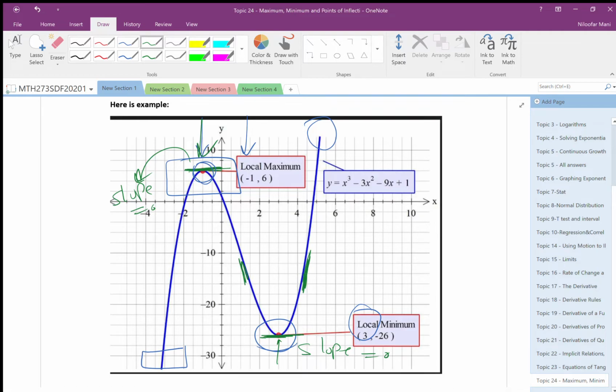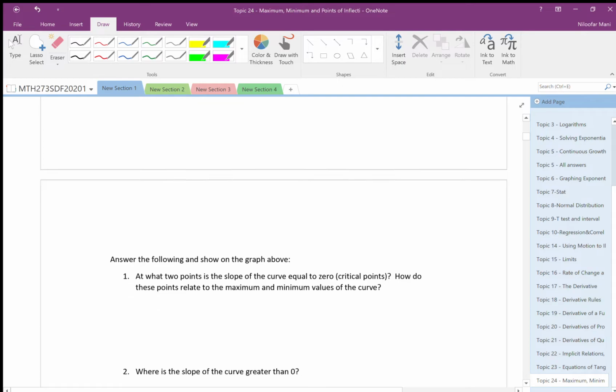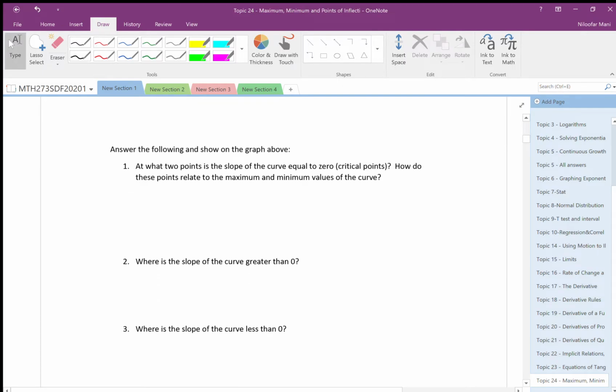That's a very good point to use, because I can say that for local maximum and local minimum, the slope of the tangent line at those points is 0. So the first derivative at those points is 0. Okay, so I can check that. Yes, these are 0.